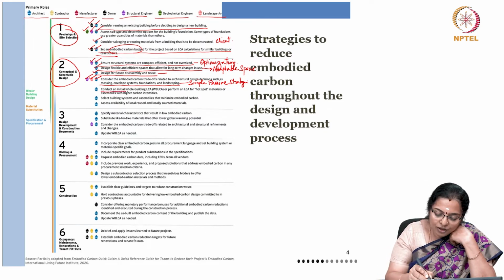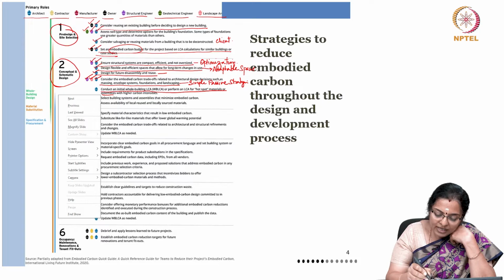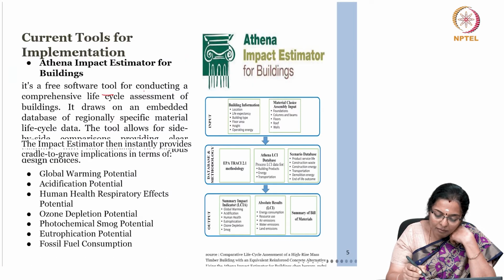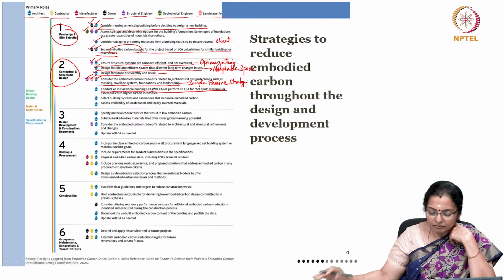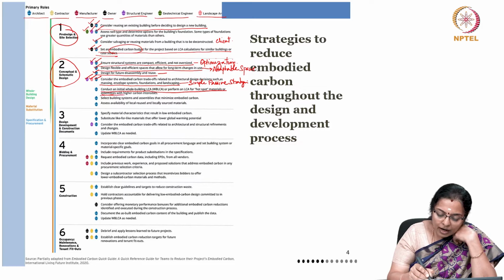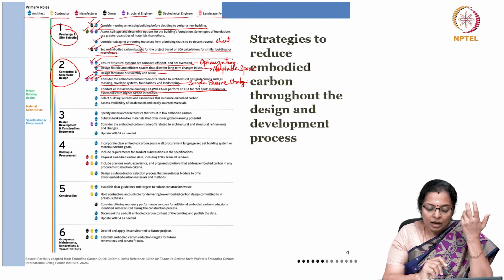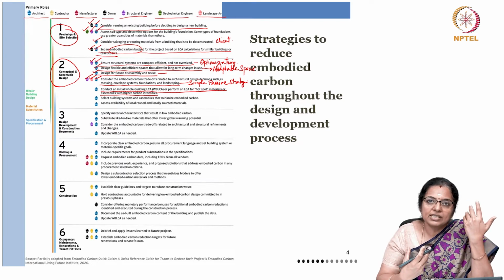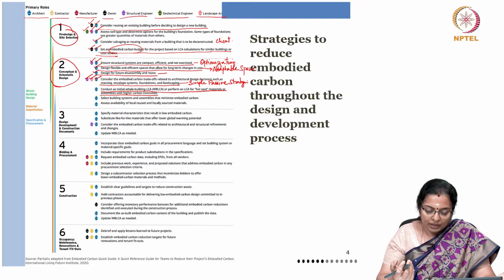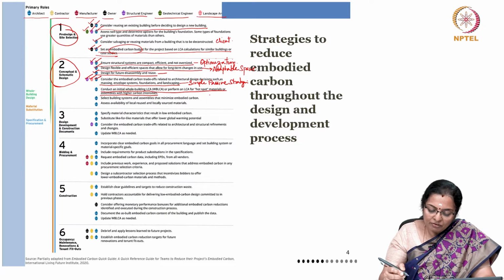Conduct an initial whole building LCA or perform an LCA for hotspot materials or assemblies with high carbon intensity. What we mean to say is, take the first step to understand. So, you make the first move.